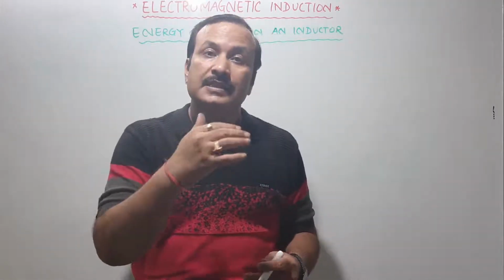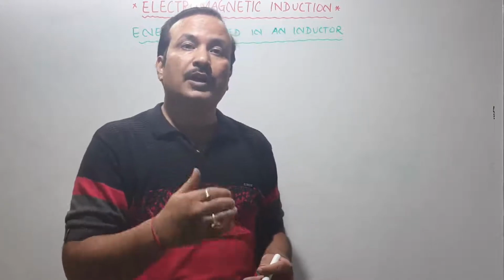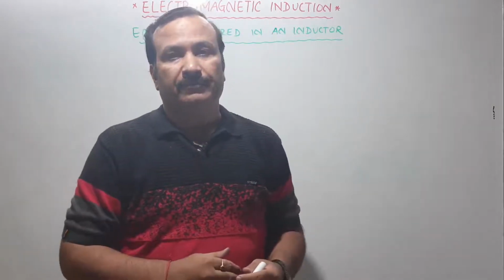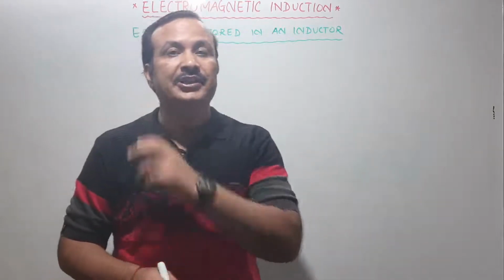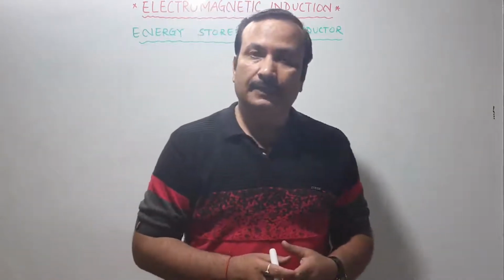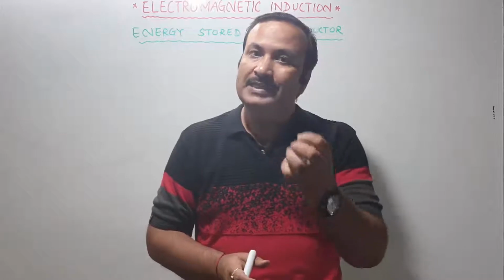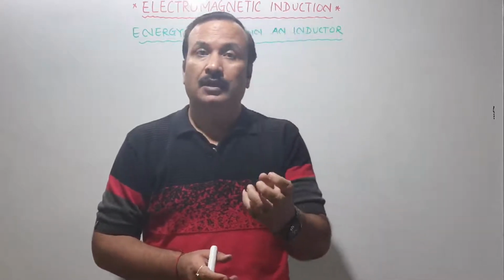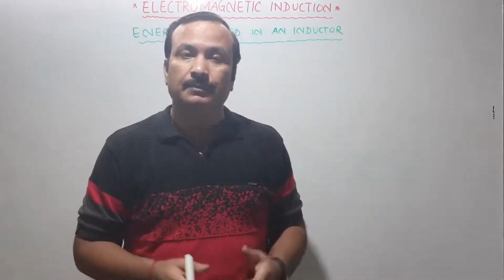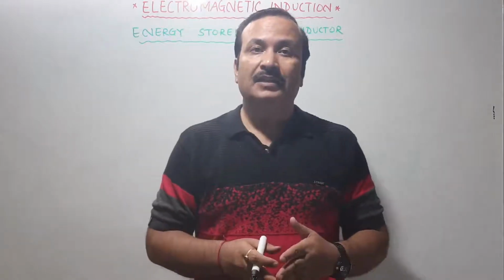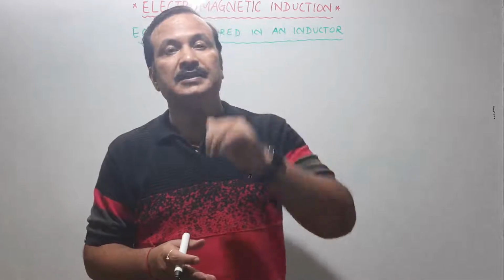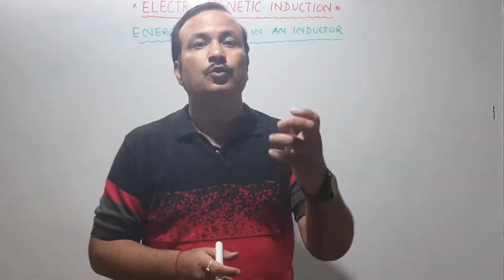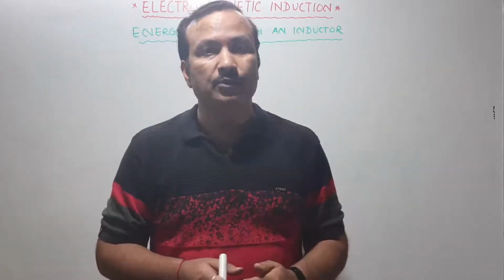Since it is opposing, we also call it back EMF, and it plays the role of inertia. That means some work has to be done so that there is continuous flow of the current. There is no opposition. Current should not decrease in that circuit.